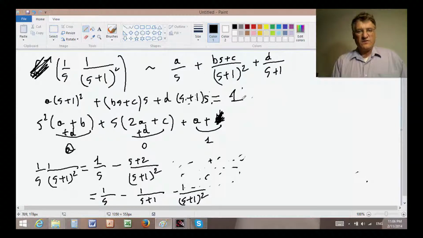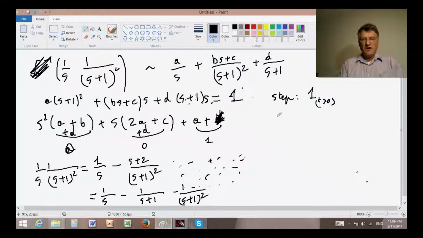The inverse Laplace transform of 1 over s is a step, which I also call 1 indicator of t greater than 0.